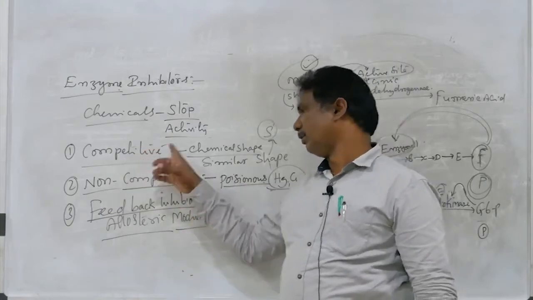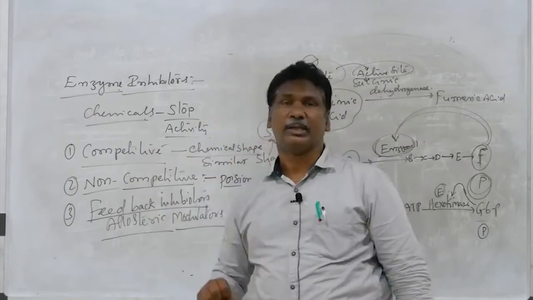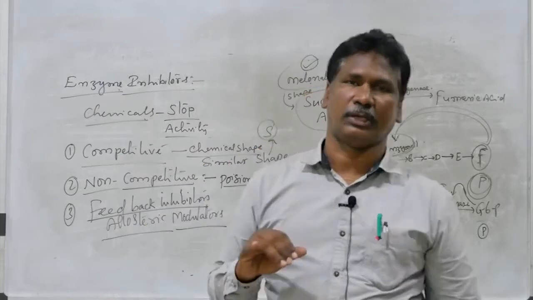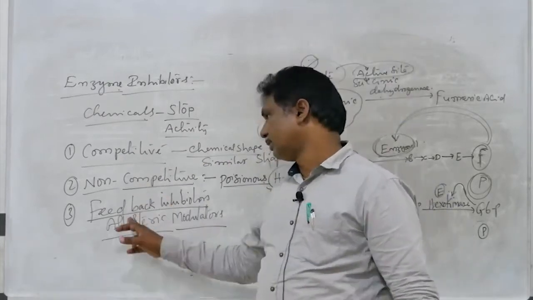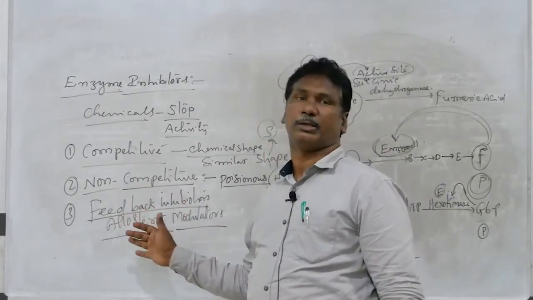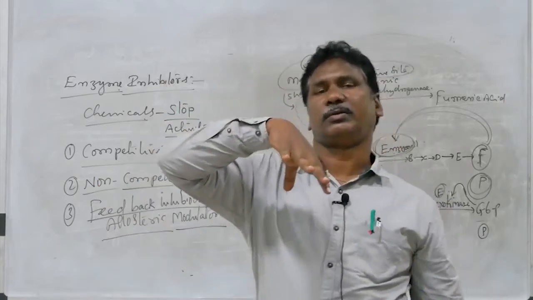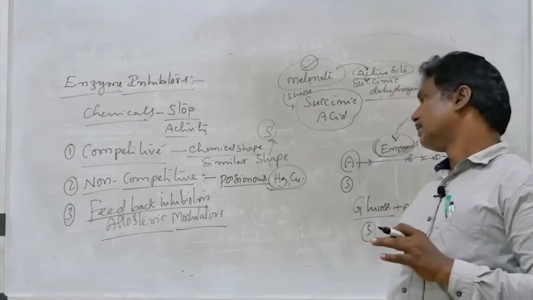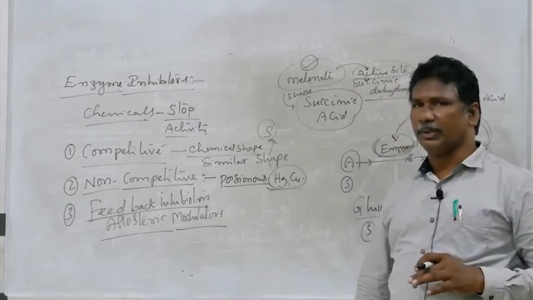Competitive inhibitors occupy the active site. The shape of the chemical resembles the substrate. These are poisonous substances. With feedback inhibition, the accumulation of end product can inhibit the activity of the enzyme that is involved in the first reaction. So that is feedback inhibitors.